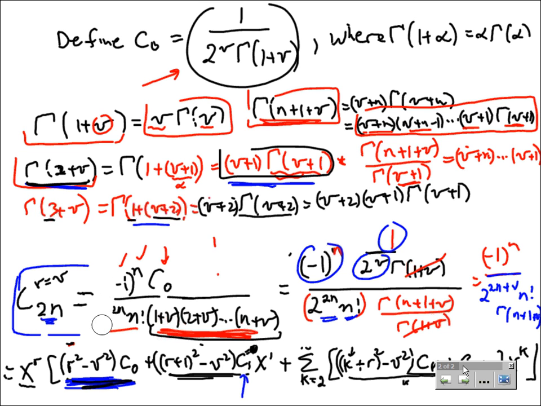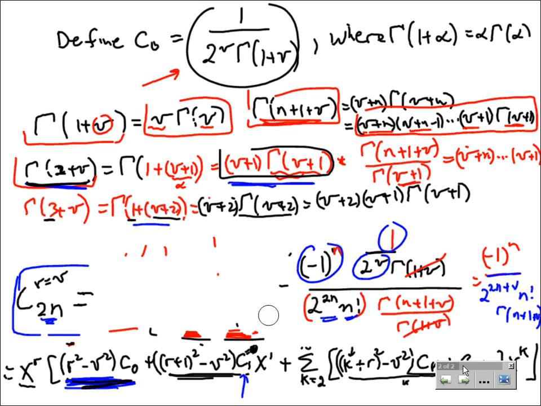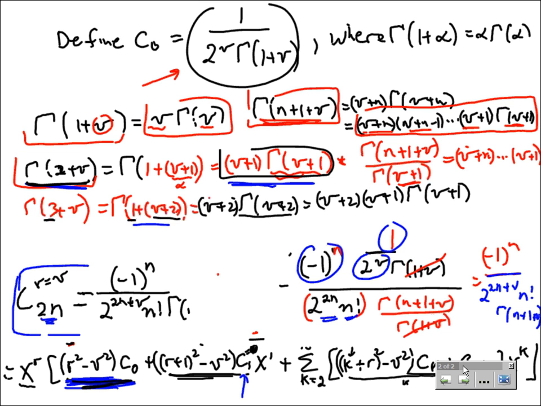So c sub 2n, where r is v, finally is negative 1 to the n over 2 to the 2n plus v times n factorial times gamma of n plus 1 plus v.